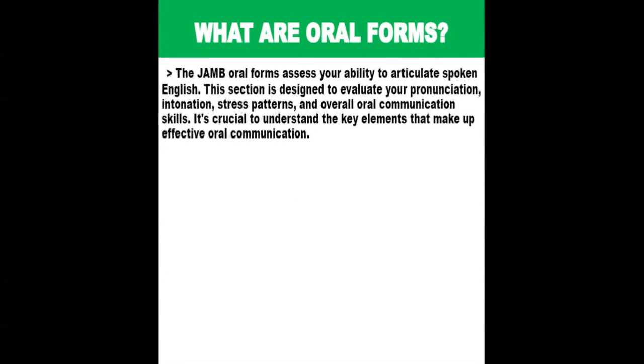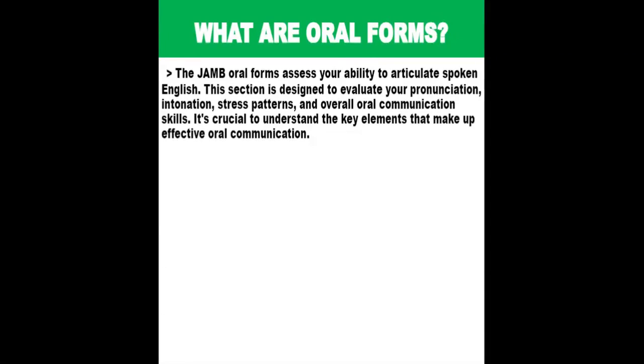Now let's begin with the basic question, what are oral forms? The JAMB oral forms assess your ability to articulate spoken English. This section is designed to evaluate your pronunciation, intonation, stress patterns, and overall oral communication skills.